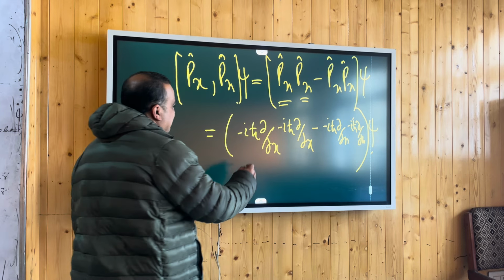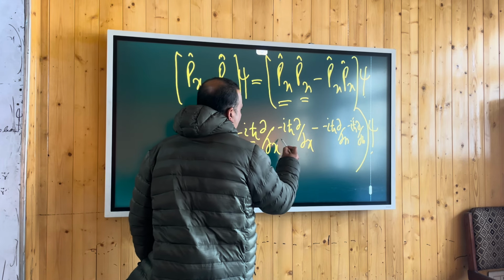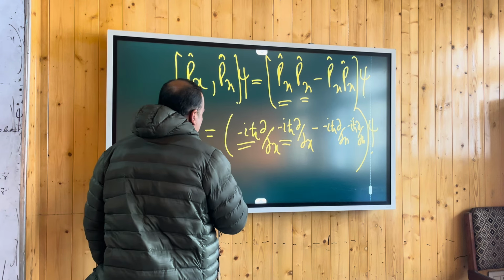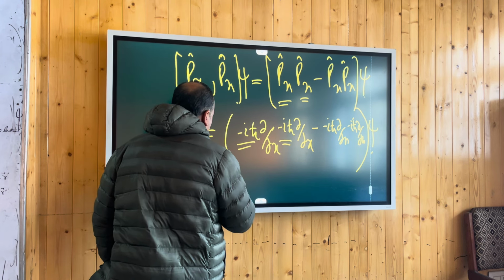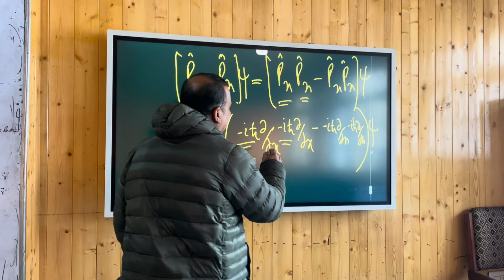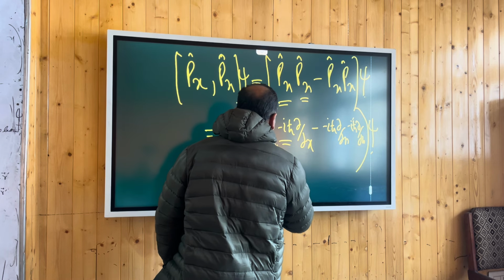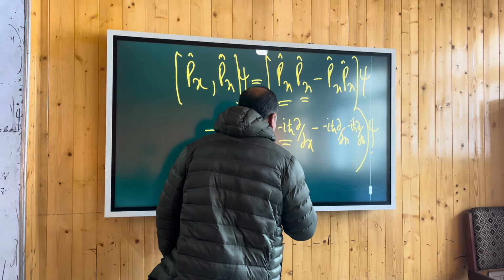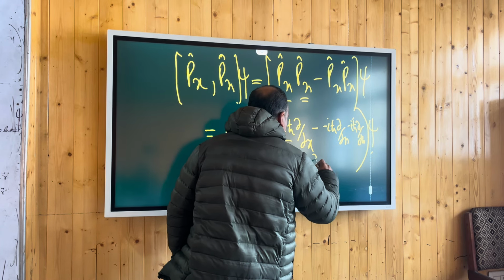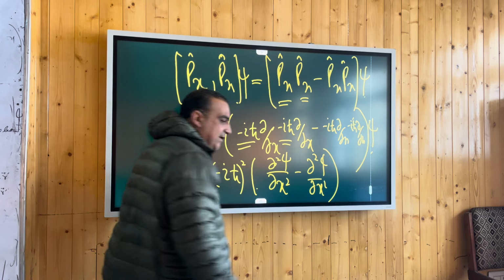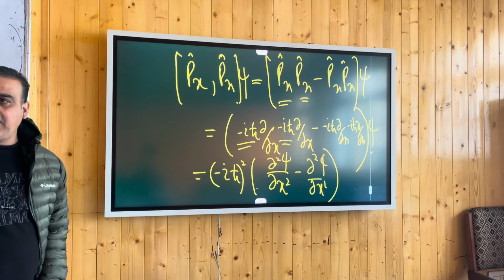This minus i h bar appears 2 times, so outside you will have minus i h bar whole square. And inside you will be left with dou 2 psi by dou x2 minus dou 2 psi by dou x2.